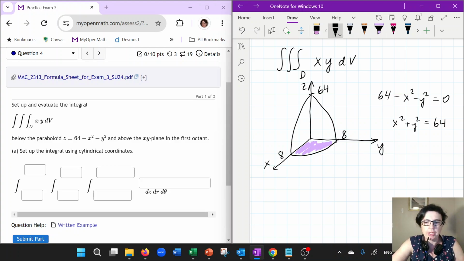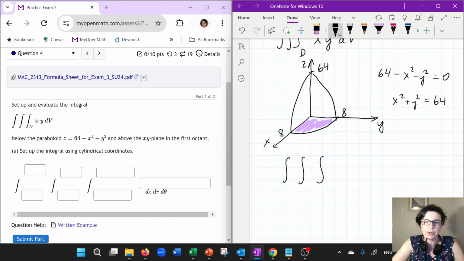So let's see if we can switch this to cylindrical coordinates. Number one, for cylindrical coordinates, you want the bottom surface to the top surface, but they already told you that. The xy plane is on the bottom, which is z equals 0. And then on the top, you're going to get that paraboloid, 64 minus x squared minus y squared.